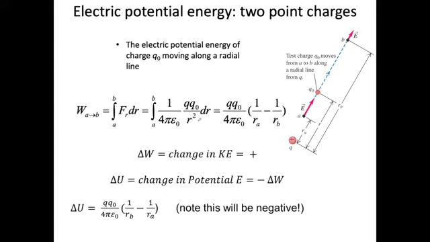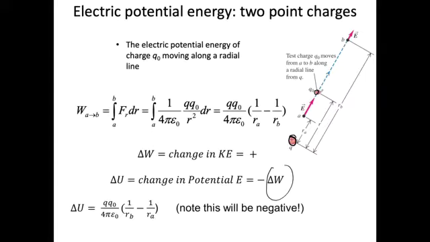Now remember, the change of electric potential energy is defined as the negative of the work done by this conservative force. So in this case, if Q is positive and Q0 is negative, the electric potential energy is decreasing, because this conservative force is doing positive work.